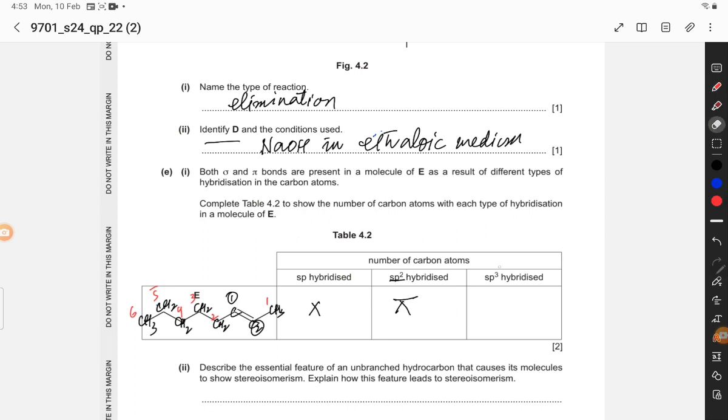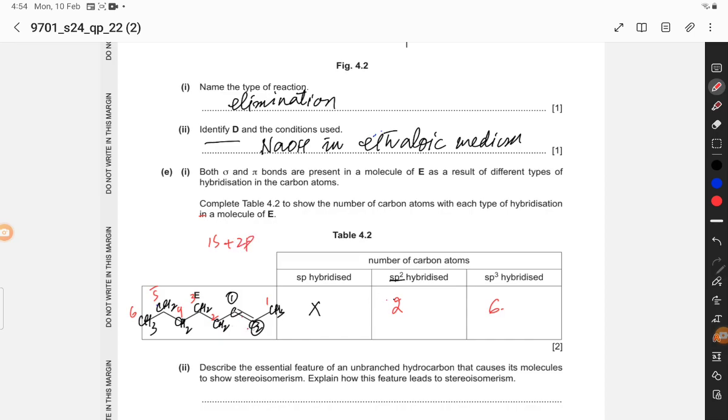So two carbon atoms have sp2 hybridization, with six carbon atoms having sp3 hybridization. Because when a double bond is there, it is one s and two p hybridization.